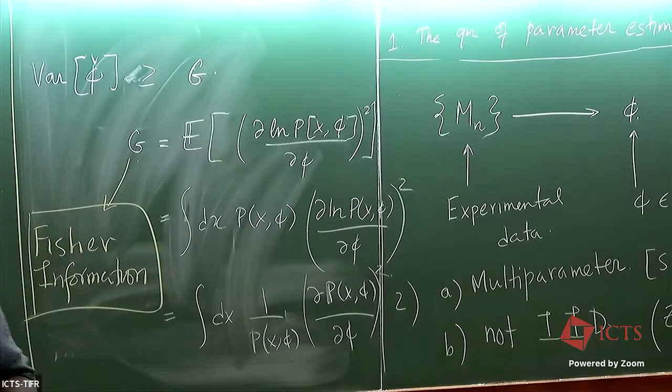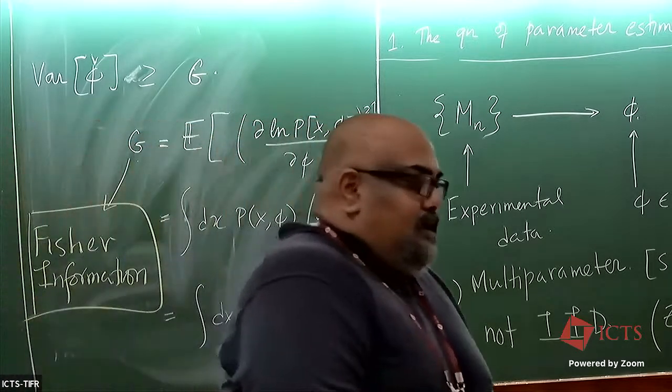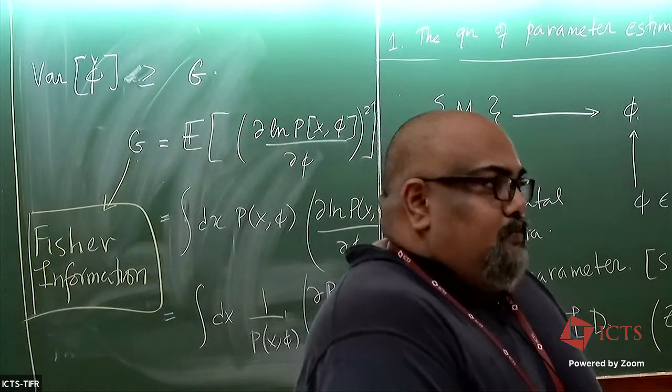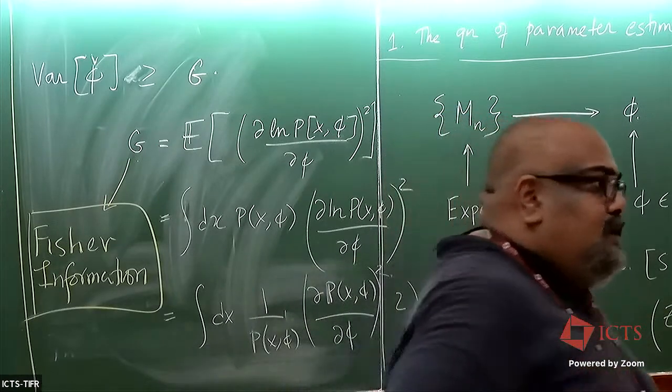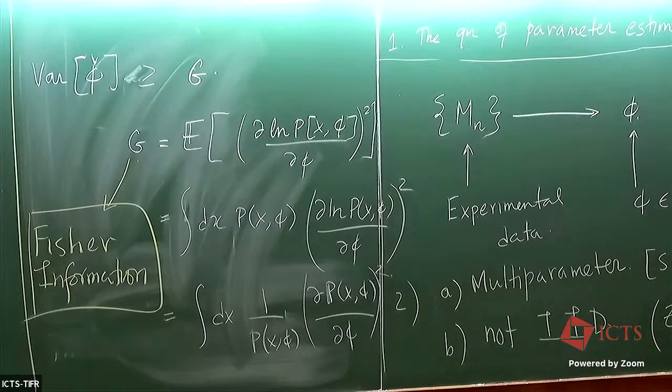These are the quantities that you've been staring at since this morning, if not before. What was the task at hand? The task at hand is I want to estimate something, and I don't know how to estimate it. I propose that there should be a map between the measurements that I do and the parameter space in which I want to settle this unknown parameter. I construct the mean square error, and I notice that there is a bias which depends on the unknown parameter that I don't know what to do with.